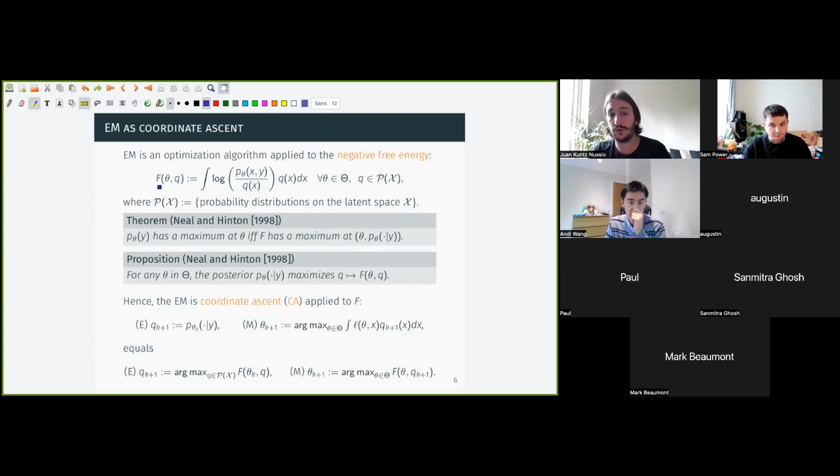So if we could just optimize this thing over all thetas and q's, we would recover a maximum of the marginal likelihood, and on top we would get the posterior over the latent space, which is what we need to draw inference on the latent parameters.